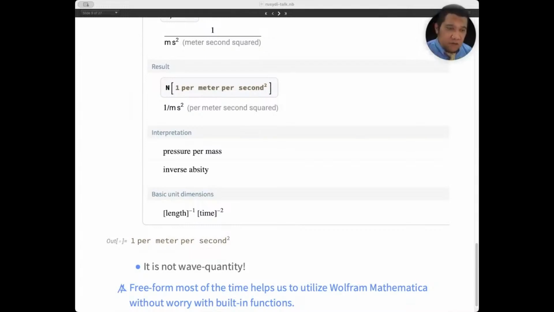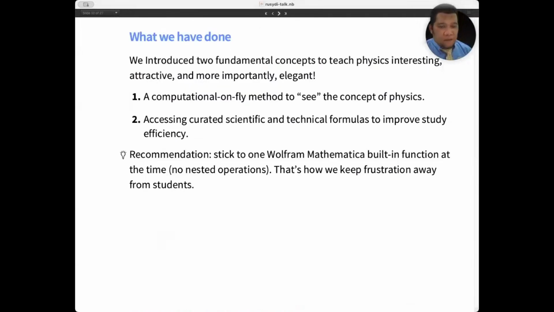We learn here that the free-form input most of the time helps us to utilize Wolfram Mathematica without worrying about built-in functions. Before we continue, let us wrap up what we have done so far. We introduced two fundamental concepts to teach physics in an interesting, attractive, and more importantly, elegant way.